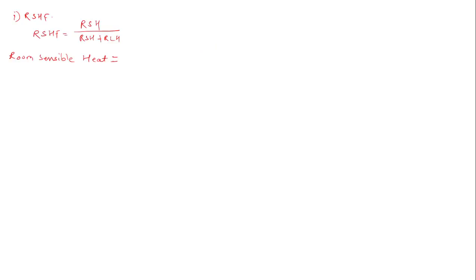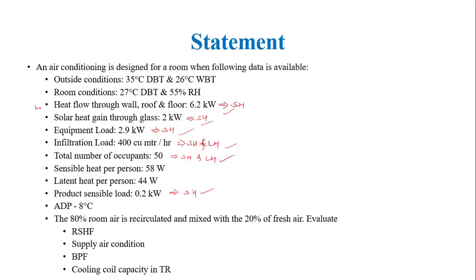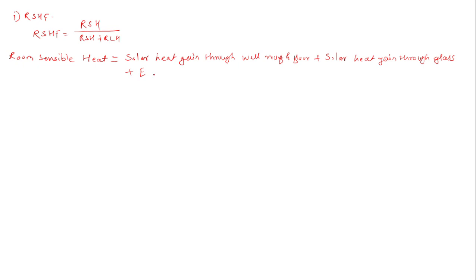So finally the formula: room sensible heat is equal to the heat flow through wall, roof and floor, plus solar heat gain through glass, plus equipment load. This is over, I have considered this, I have considered this. Then I will write the equipment load.